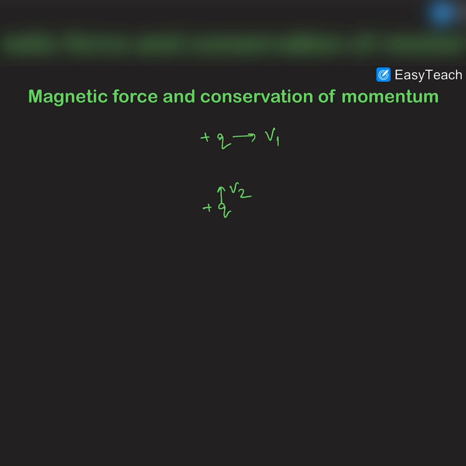You can see that there are two charges. This is q, this is q. They both are equal, and this q is moving with the velocity v1 in this direction, and this q is moving with the velocity v2 in this direction.